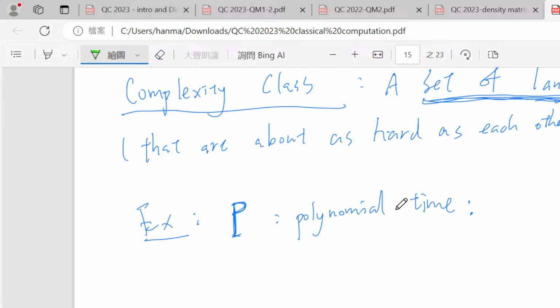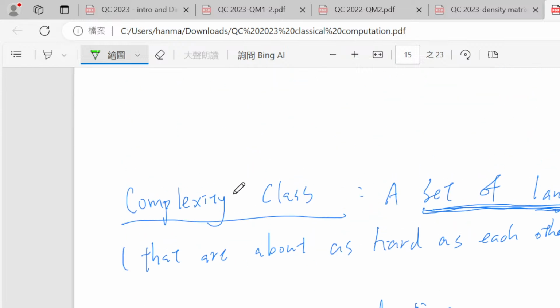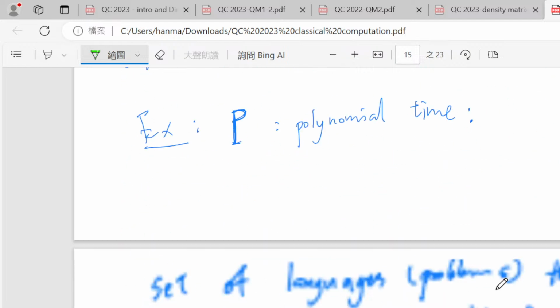and there is complexity class. Okay, so a complexity class is a set of languages, so basically a set of problems, that we think are about as hard as each other, because we want to classify whether a language is hard or easy. And then we have this famous complexity class P, and it's polynomial time.